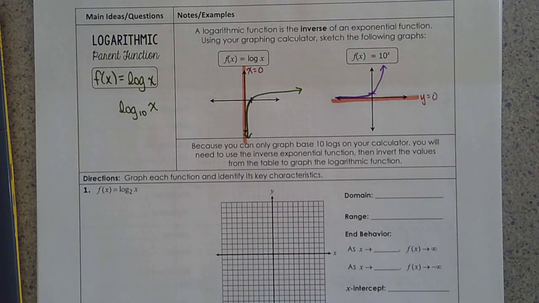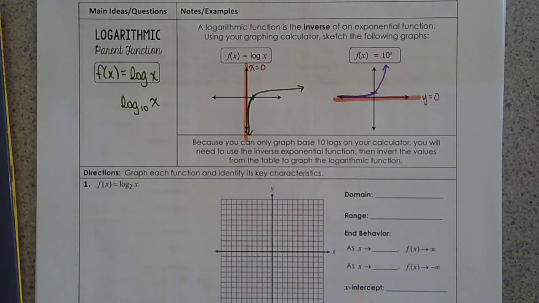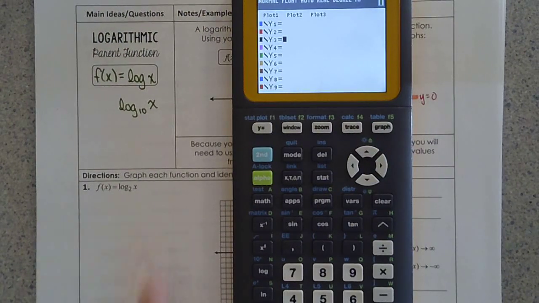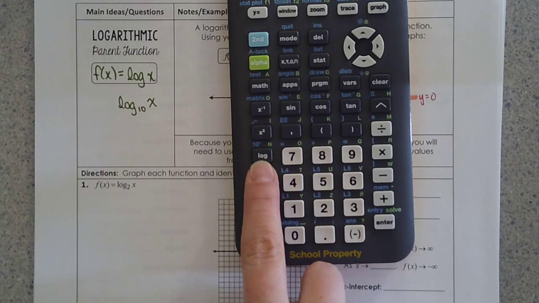So now, in our calculator, we're going to be working on graphing logs today, but we're going to graph log base 2, log base 1/3, and we are only using this log button right here, which only does log base 10.